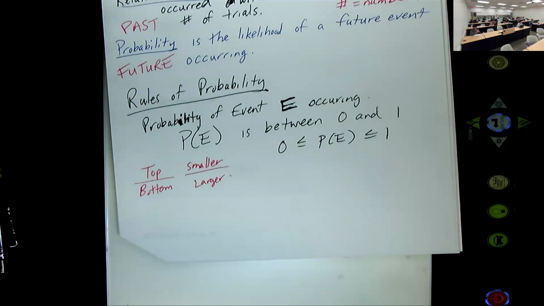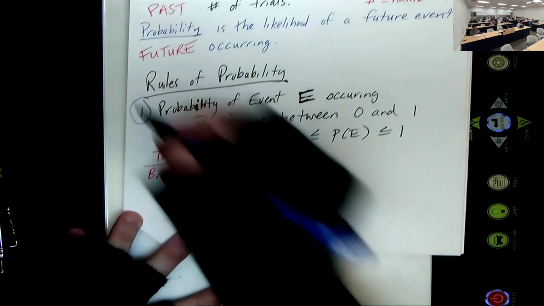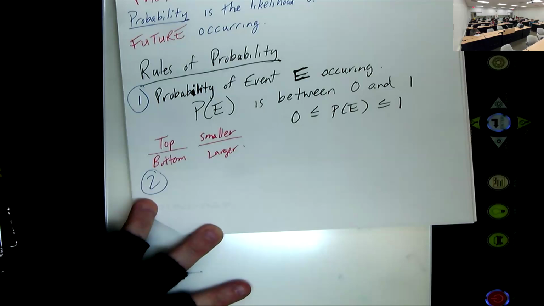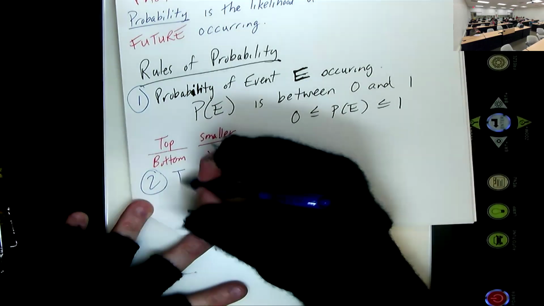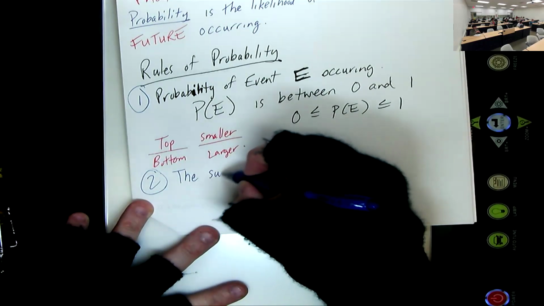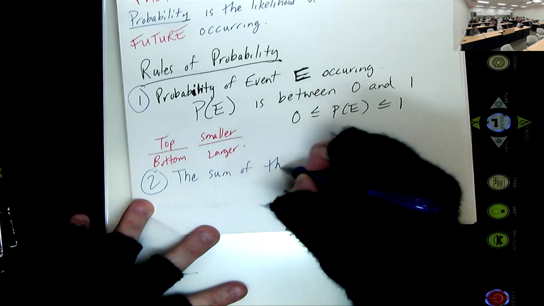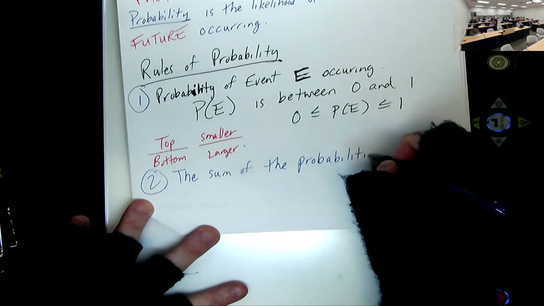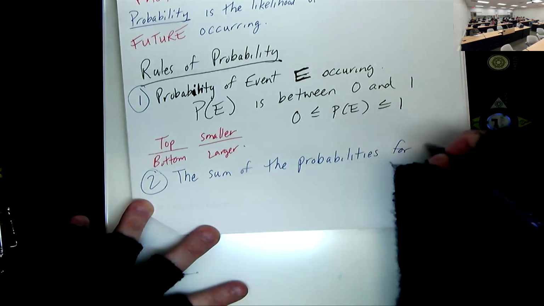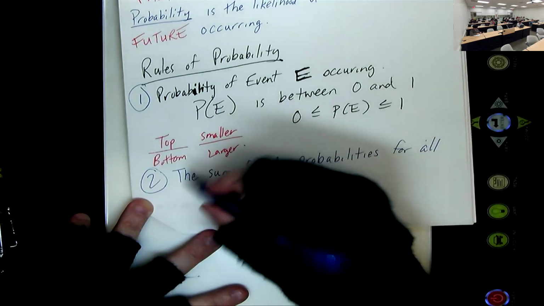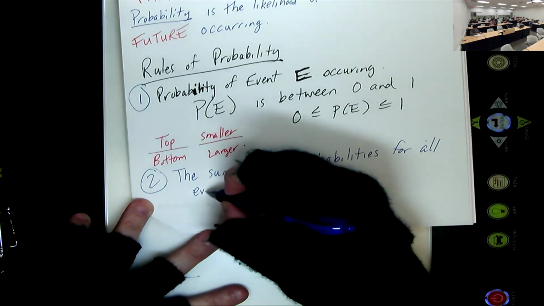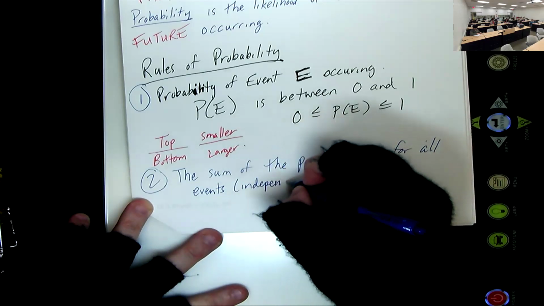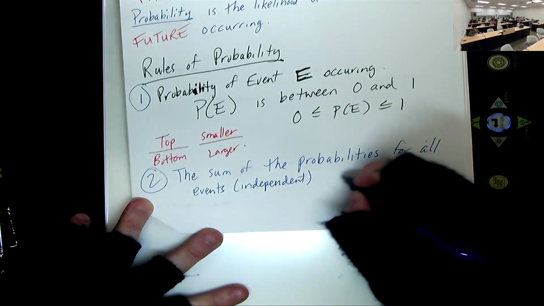That's rule number 1. There's only one other rule, at least for overall probability. The sum of the probabilities for all events, let's say independent events, is 1.